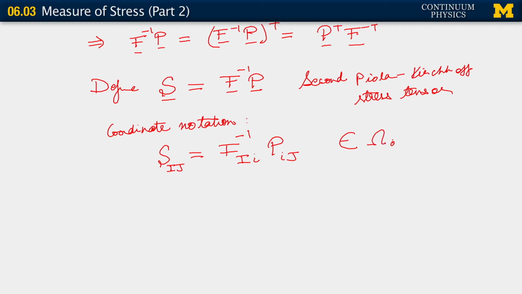And it indeed can be thought of as a force per unit reference area where the force itself is directed in some direction along the reference configuration. Okay? Something to note about, so let me just put that down.